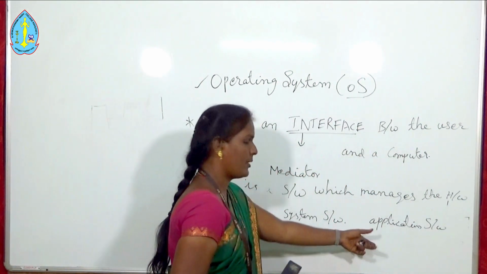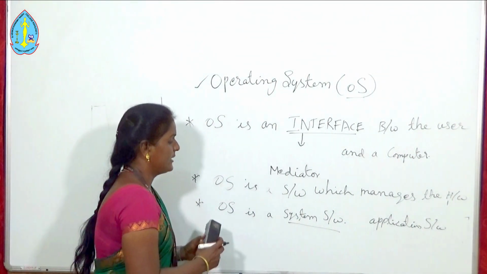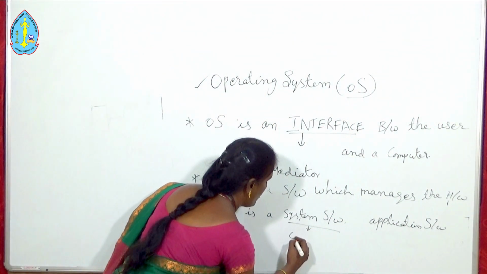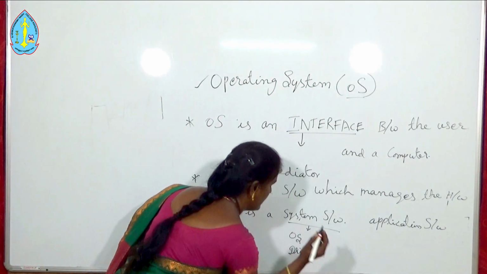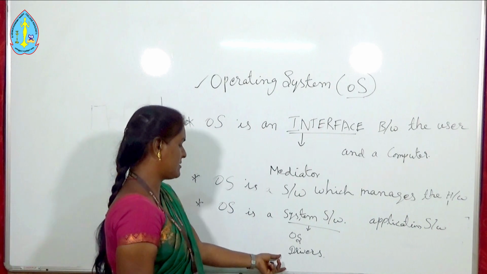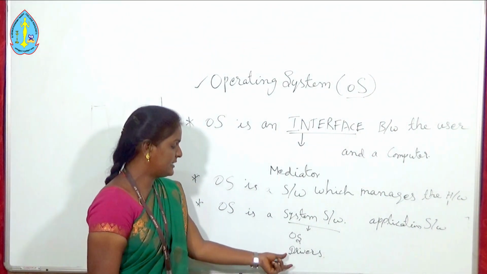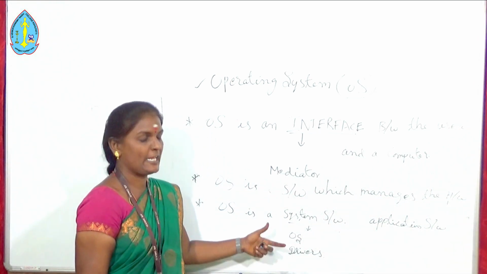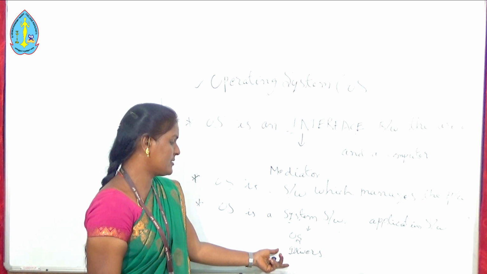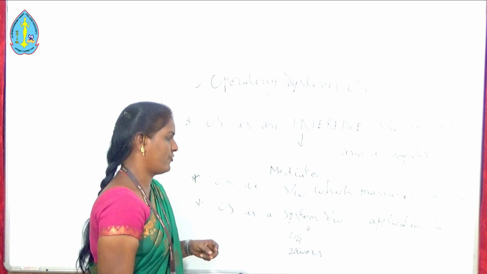We will see one by one. First, we will see what is system software. Here, the examples are OS and drivers. Drivers means that every hardware will be having the drivers. These drivers are used to work the hardware properly. We have to install these drivers, and these drivers are also called as system software.